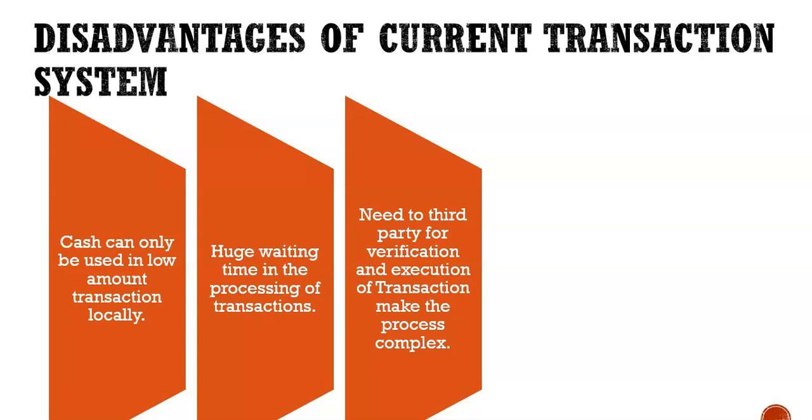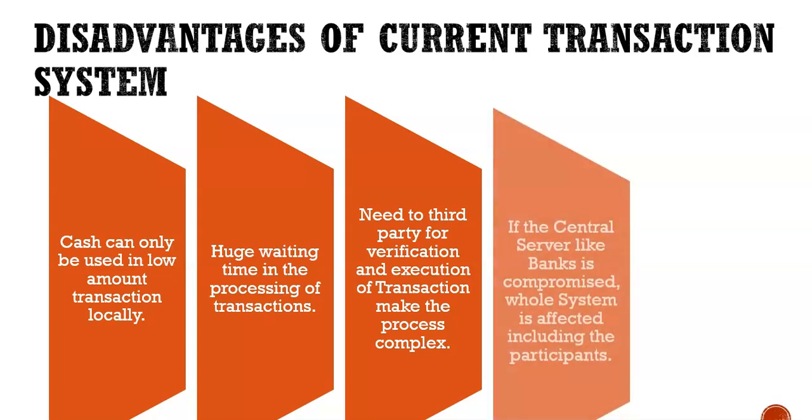And hence we believe the third party's software to work correctly, or we completely believe that the third party will be right, and we do the digital transaction. So this makes the process very, very complex.